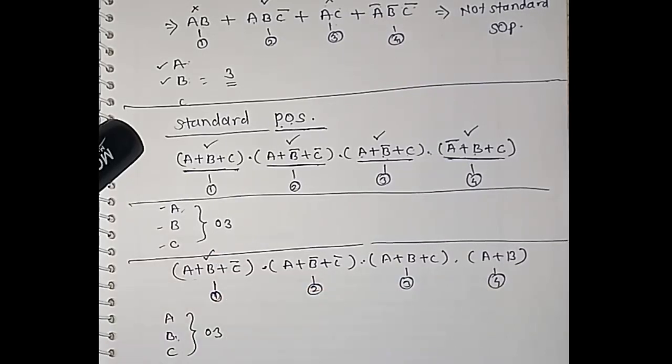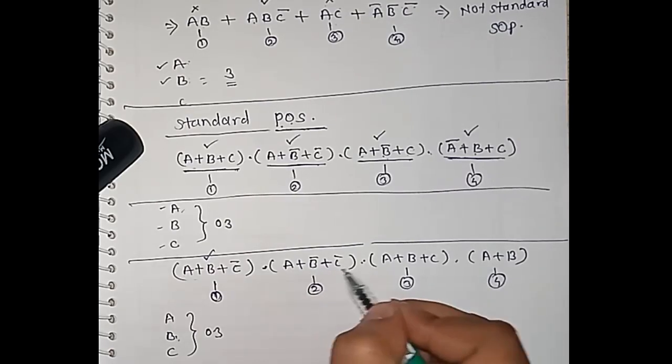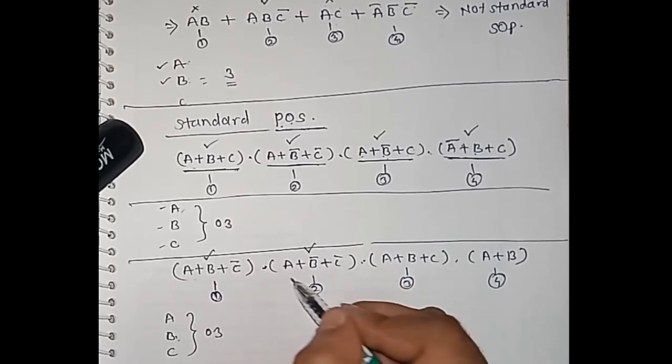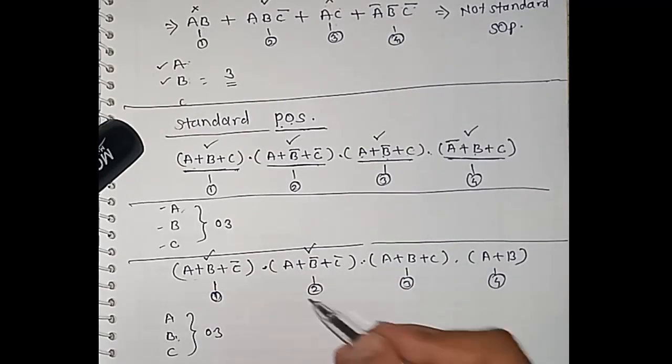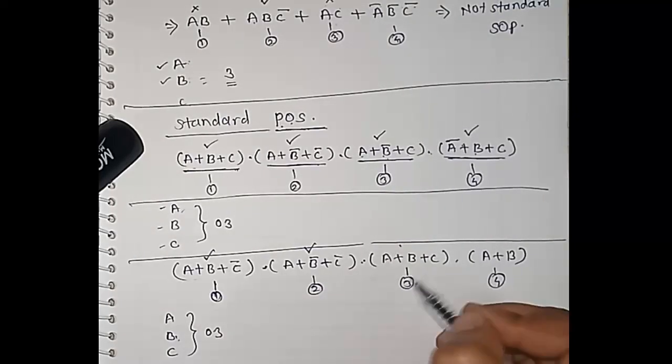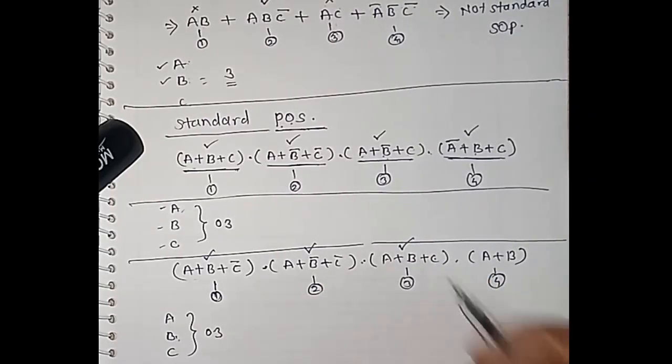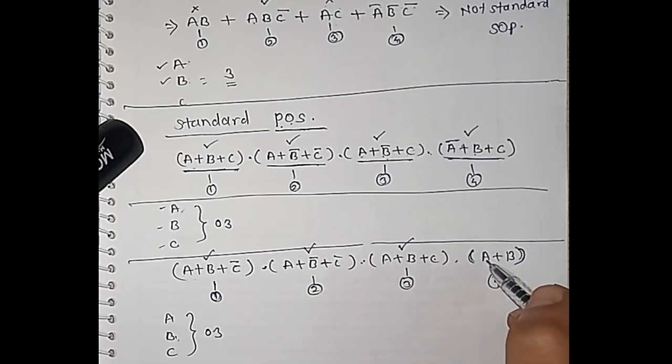It's a valid sum term. The second term is A plus B bar plus C bar. This is also a valid sum term, because all the literals are present in complemented or uncomplemented form. The third sum term is also valid because all literals are present. But in the last sum term, there are only two literals present.